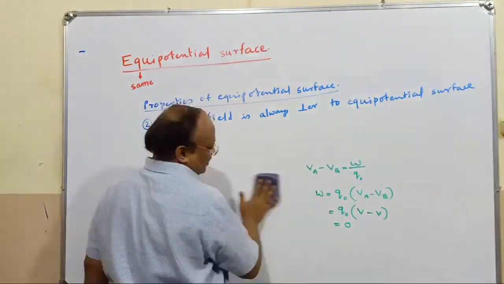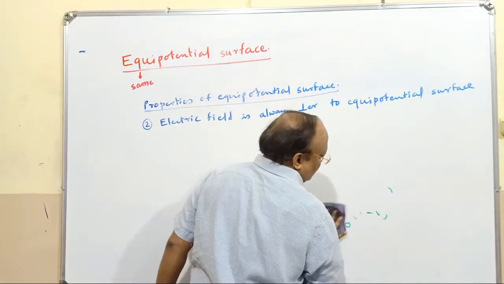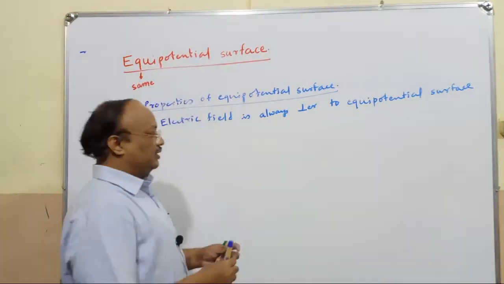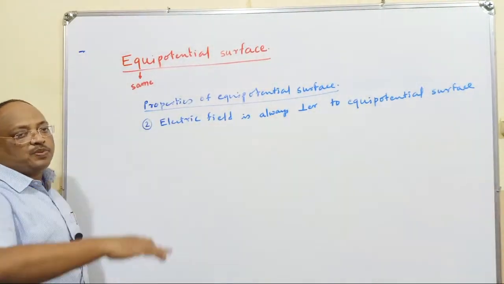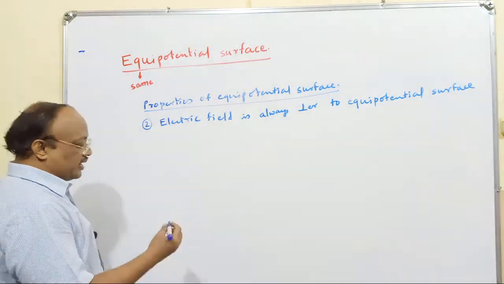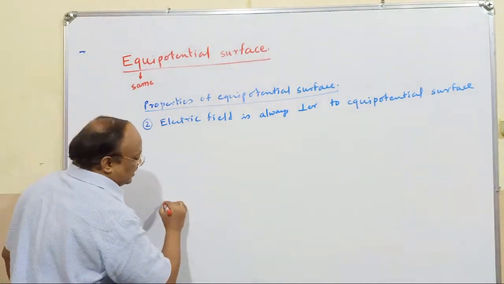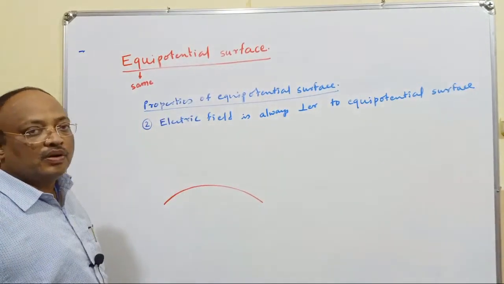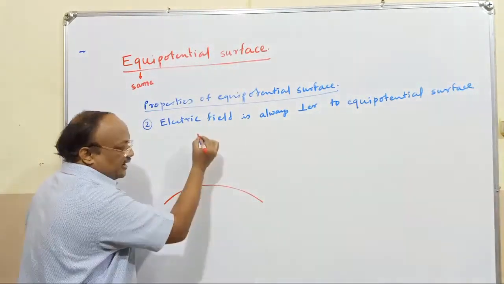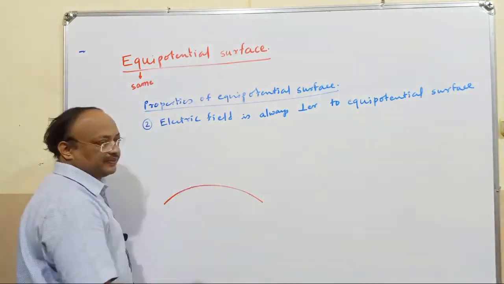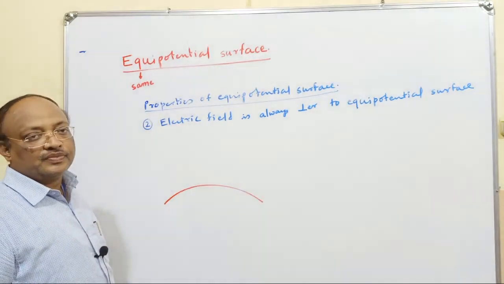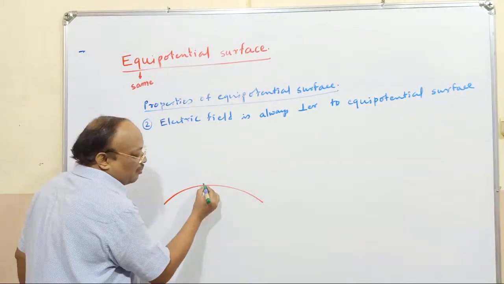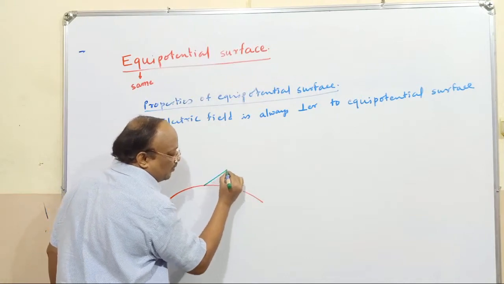So let us consider, we take one contradiction thinking, then we will disprove it. So what it is, if this is an equipotential surface, okay, rather than taking the electric field in this direction, let us take the electric field making some angle with it.